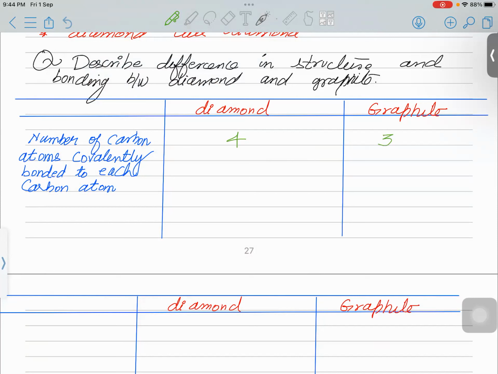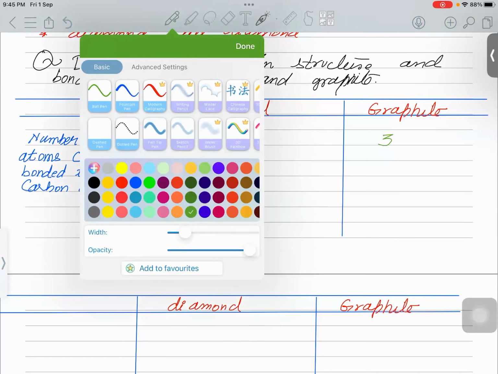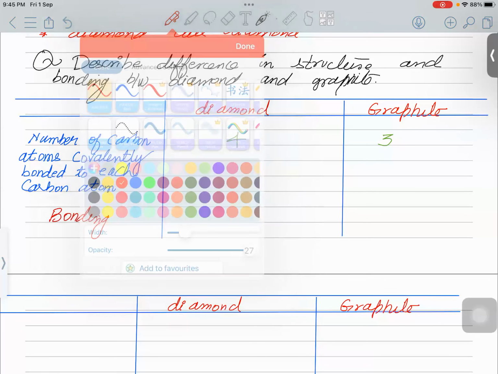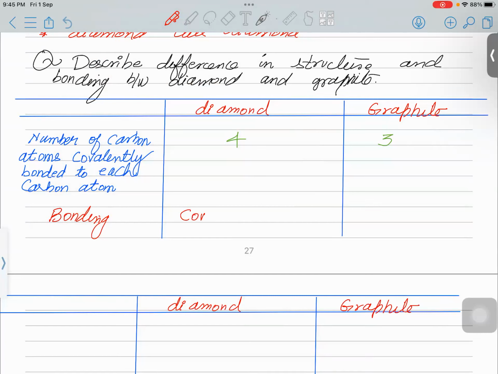Right? So next is bonding. Covalent or van der Waals in diamond? Sir, in diamond, it's covalent. Covalent, all covalent throughout.